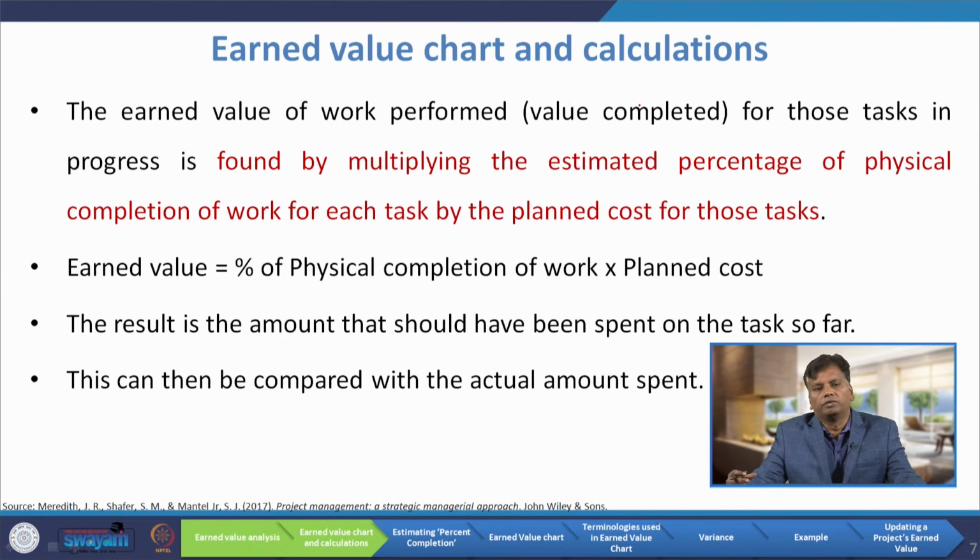That gives you the earned value. Here the work done is also measured in terms of cost. So, the result of the previous equation is the amount that should have been spent on the task so far. This can then be compared with the actual amount spent.